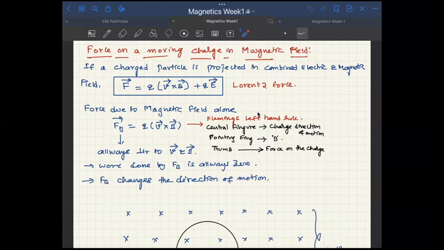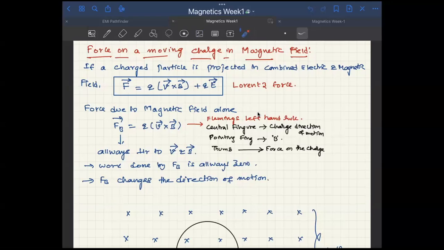Magnetic force. Exclusive magnetic force. Magnetic force plus electric force together will contribute the total force, and that force is called Lorentz force.